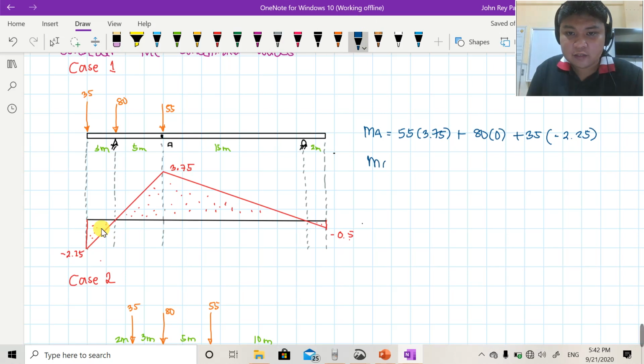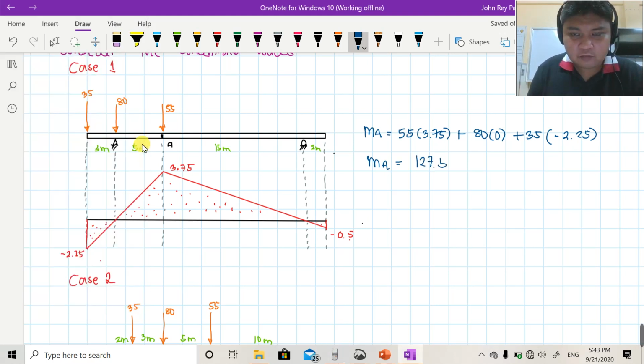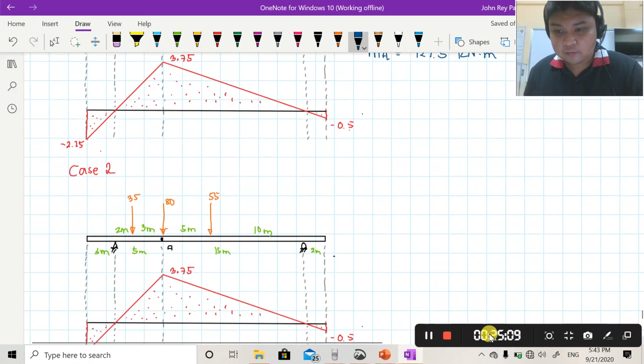So therefore, the moment at A will be equal to 55, 3.75 plus 80 times 0 plus 35, negative 2.25. So, ang sagot natin ay 127.5 kilonewton meter. However, we need to check that sa case 2 and case 3 nga.